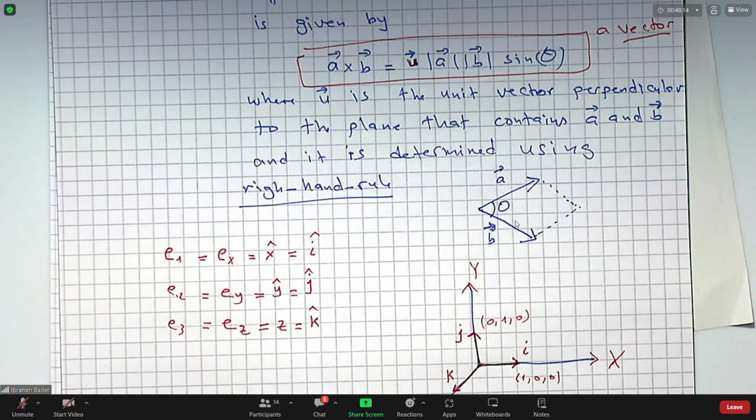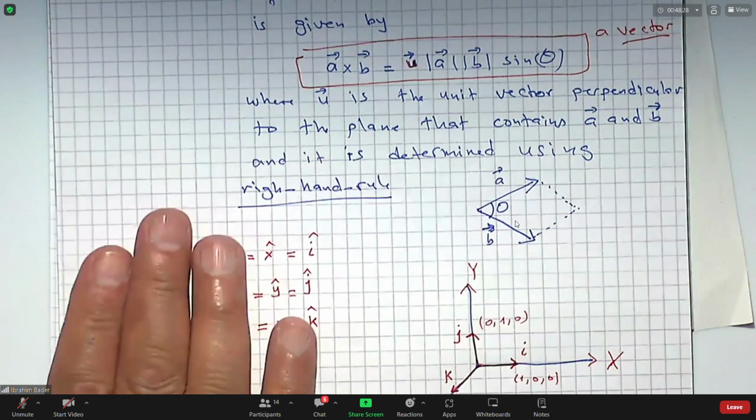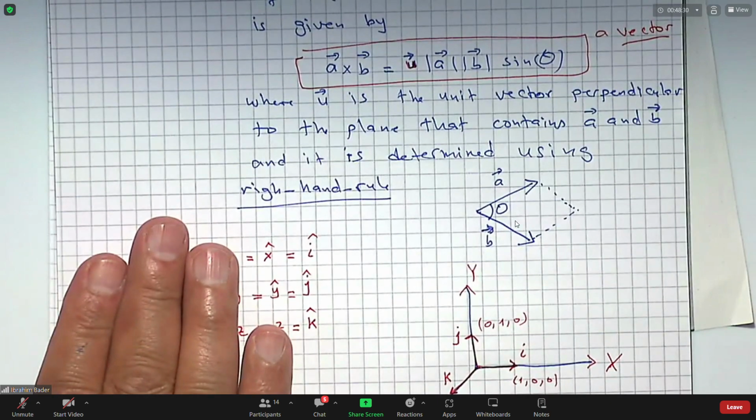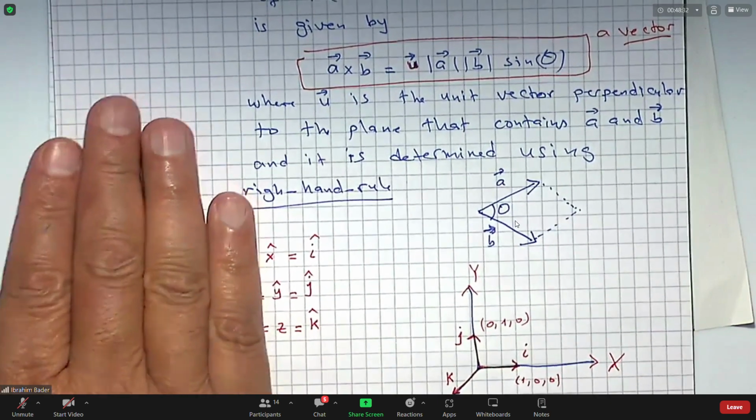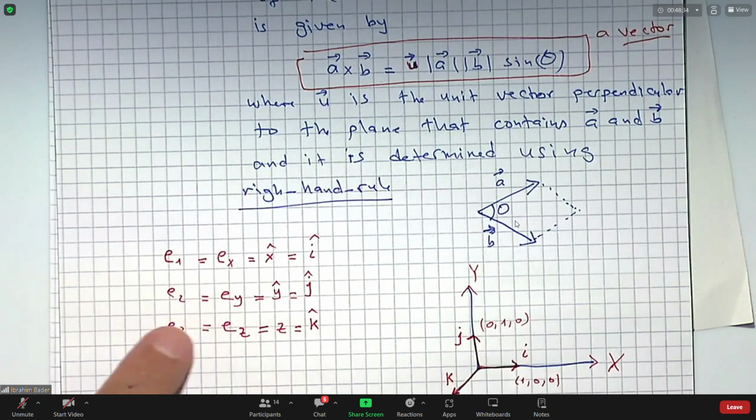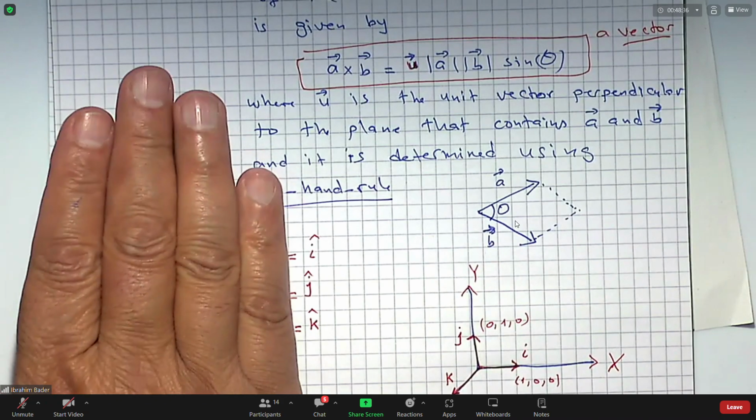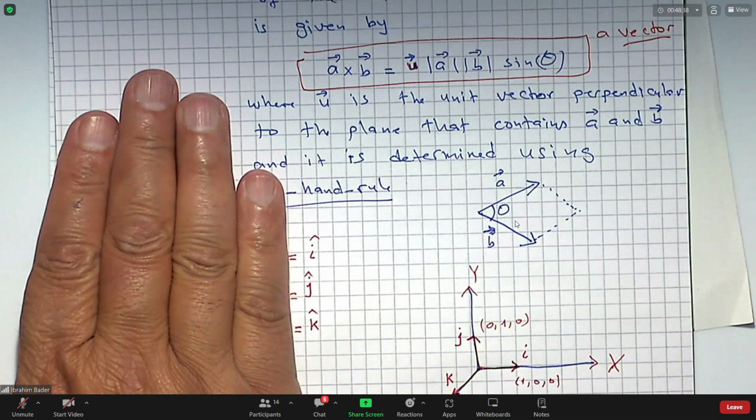Okay, so this vector is just a unit vector that shows us the direction, and it's evaluated using the right hand rule. Now, please, this is important because from now on, you will find these notations everywhere, and we will be just using this notation.